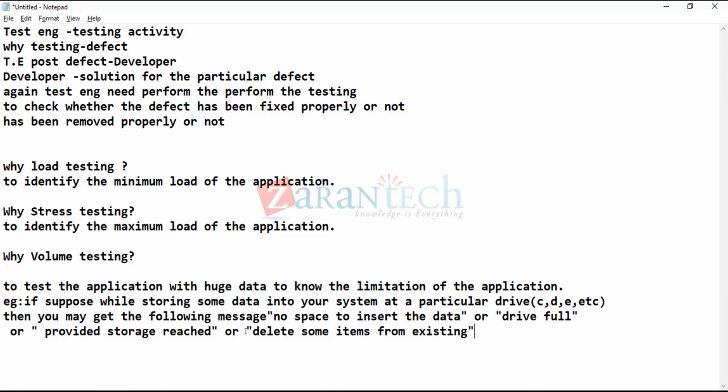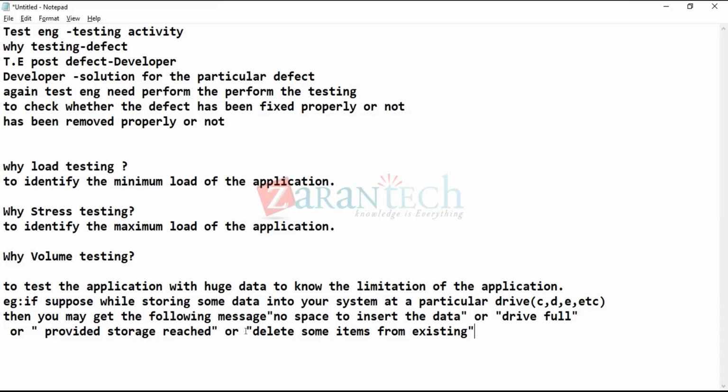Simple. There is a box. In the box, you're able to store half-liter milk. Now you filled it with half-liter. Then again, you're trying to fill more than half-liter.